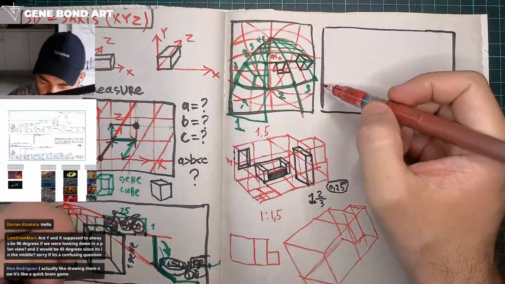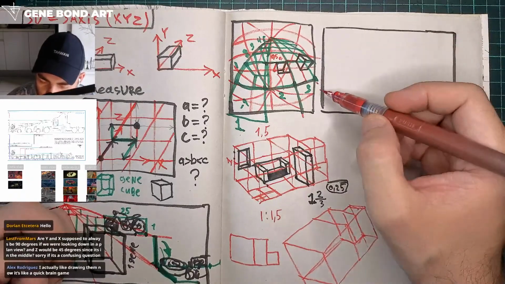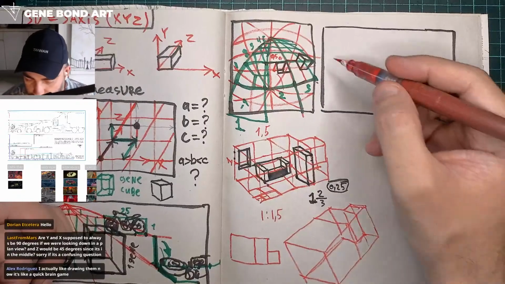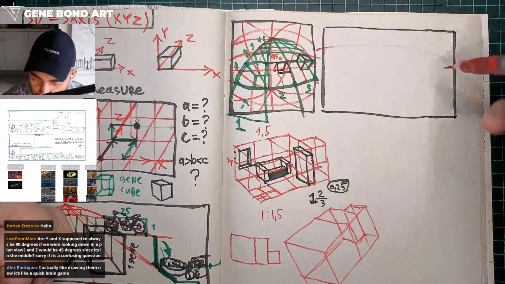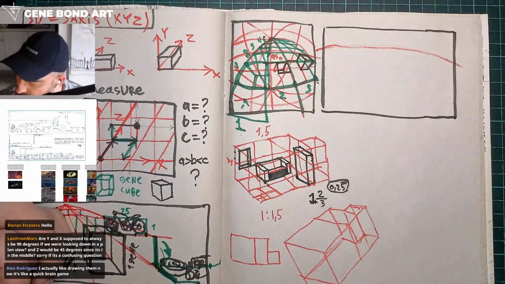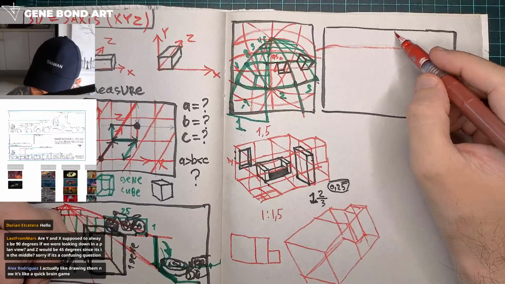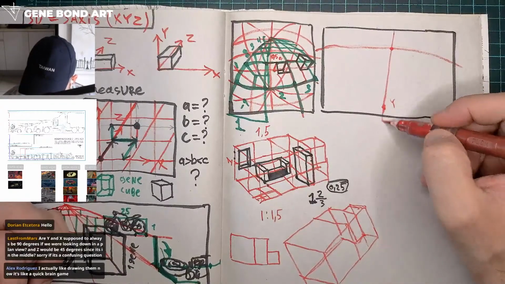Again, let's say this is my horizon line. So this will be a vanishing point.